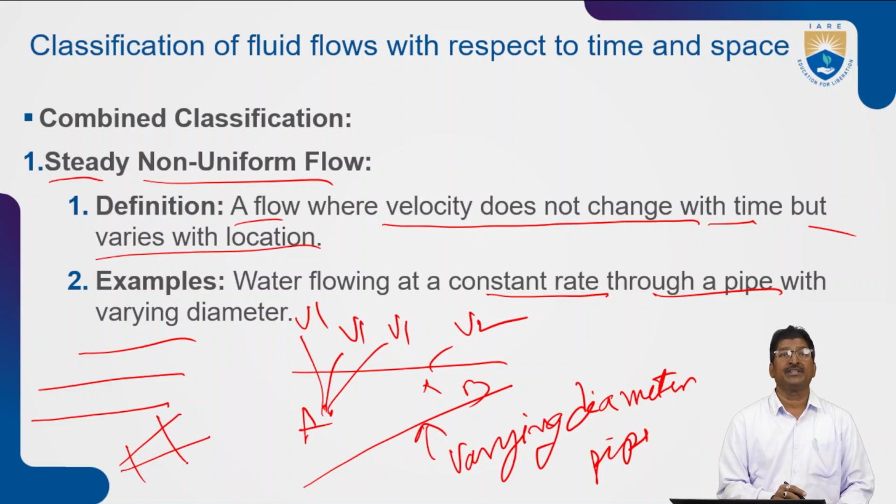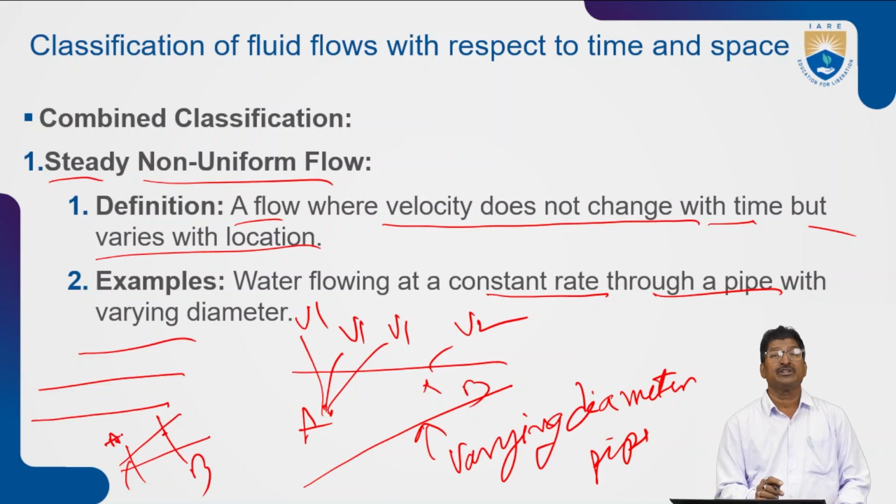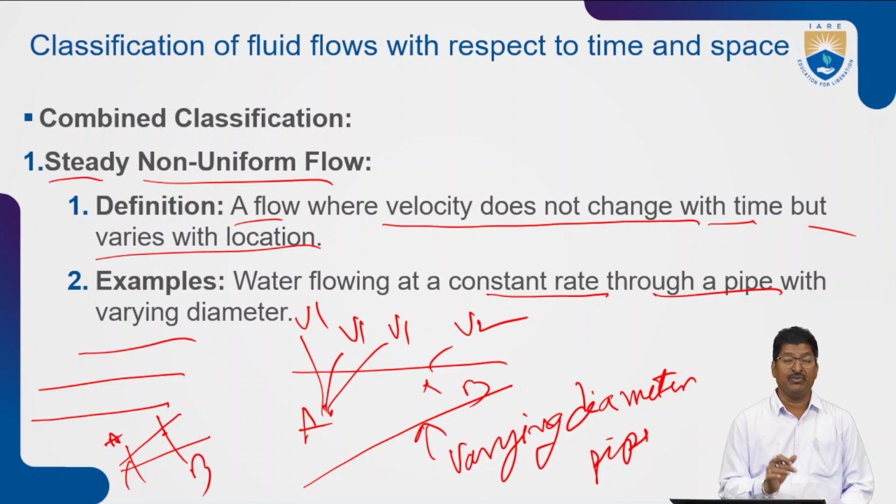That is the example for the steady non-uniform flow. If you take a point, it is giving same velocity at any time. But if you compare points A and B, the velocities are not same. That's why at different locations velocity is not same, and that's why it is non-uniform. So combinedly it is called steady non-uniform flow.